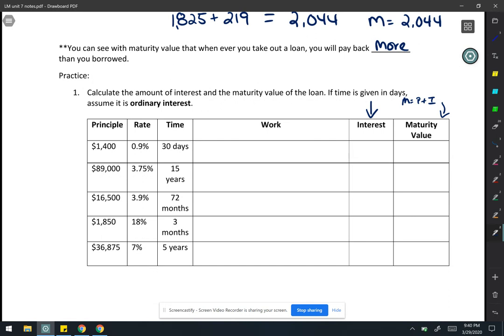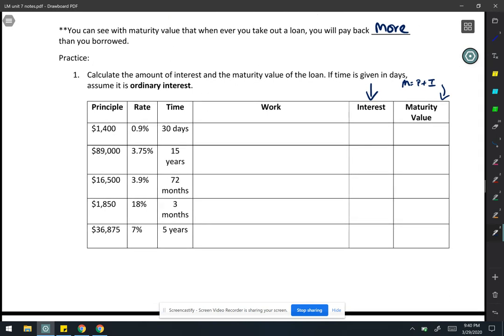So we go back, make sure that we remember our formula for interest, which is I equals P times R times T. And again, we have to find decimals here. So we're going to have to convert all of these percents to decimals when we do this. Okay, I'm going to do the first one with you. Then I'm going to stop the video for a second. I'm going to encourage you to do the rest and then come back to the video and check your answers.